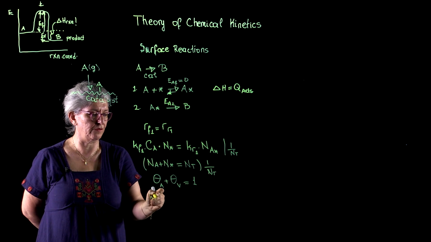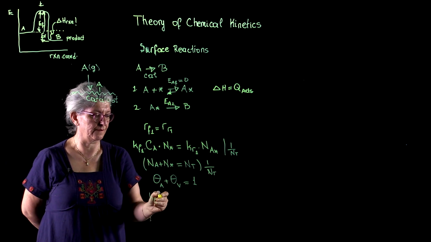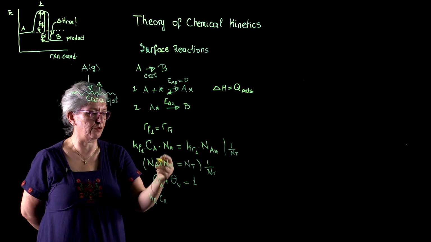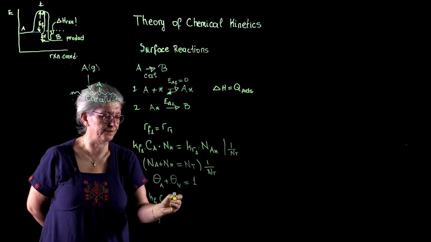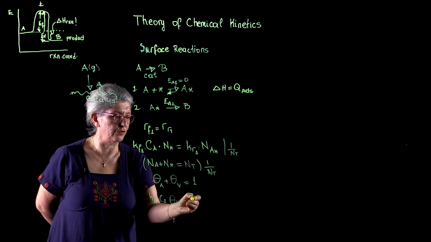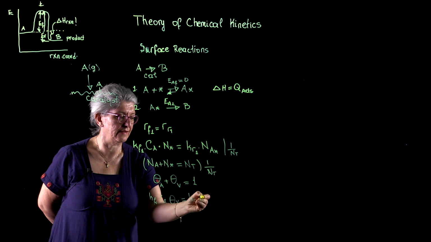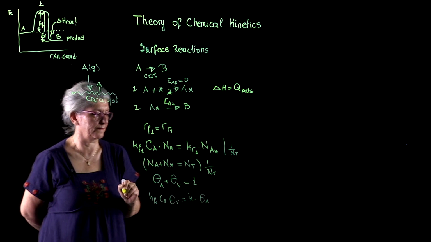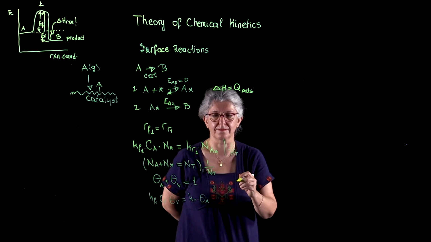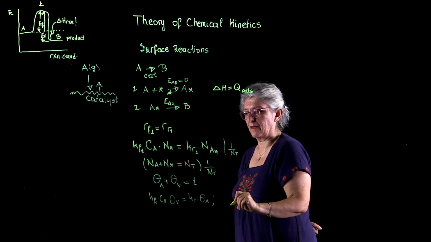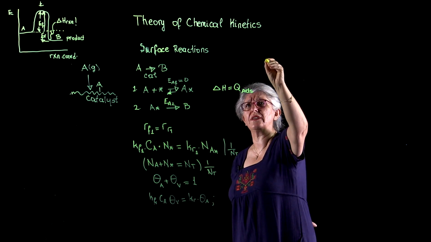I will have k forward 1, C_A, and I call this theta vacant, and this is k reverse, and this is theta A. I will do a little bit more algebra here.